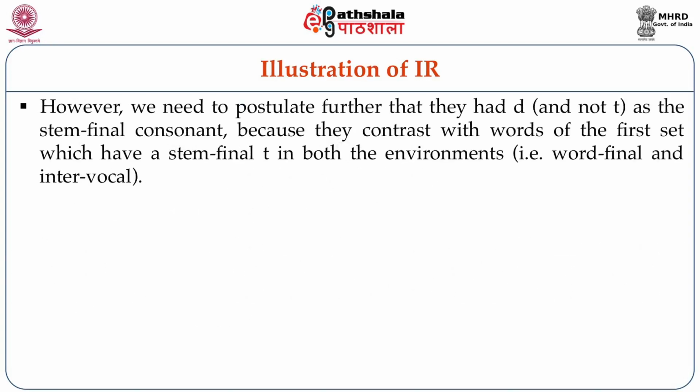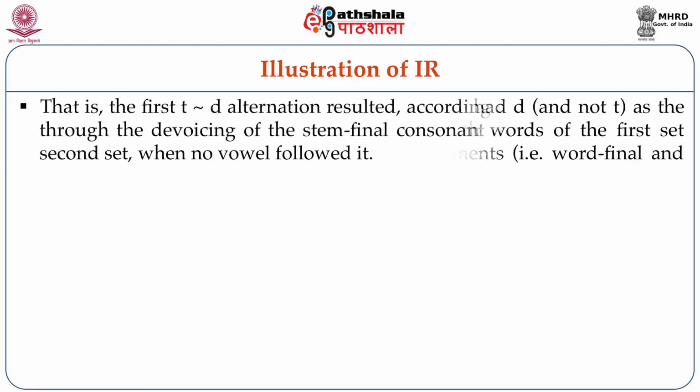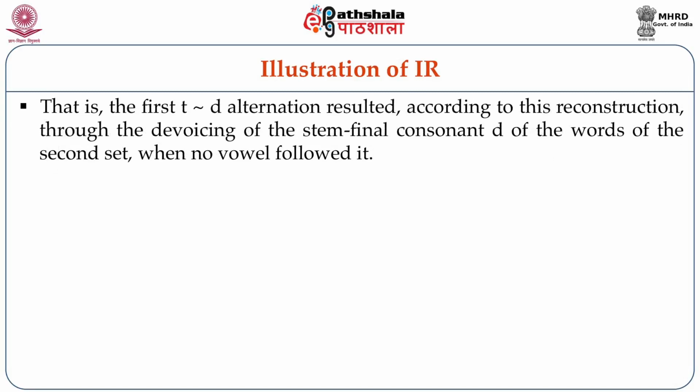However, we need to postulate further that they had the d and not the t as the stem final consonant, because they contrast with words of the first set which have a stem final t in both the environments, that is, word final and intervocalic. That is, the first alternation resulted, according to this reconstruction, through the devoicing of the stem final consonant d of the words of the second set when no vowel followed.